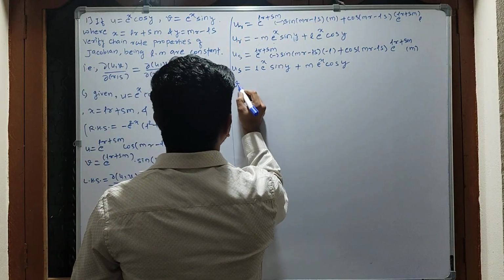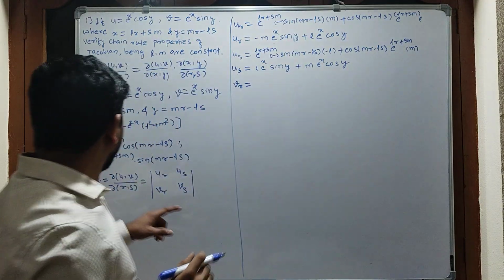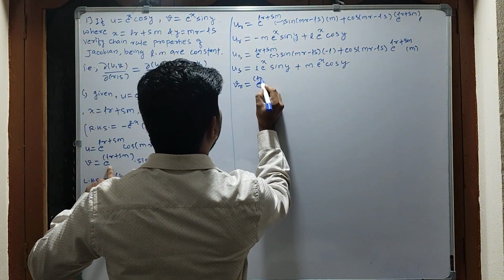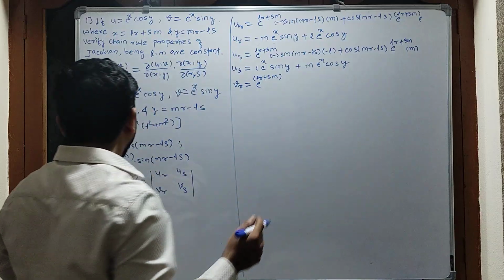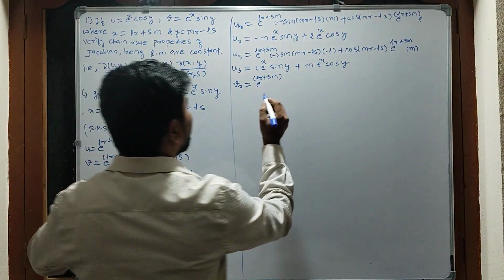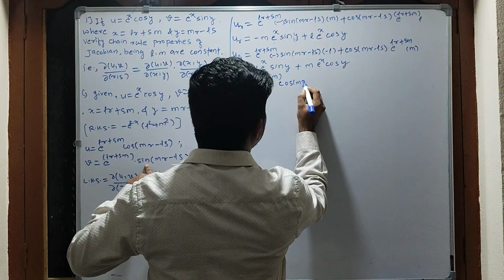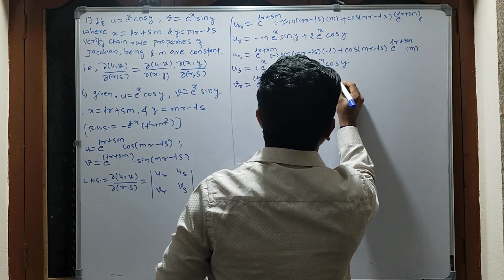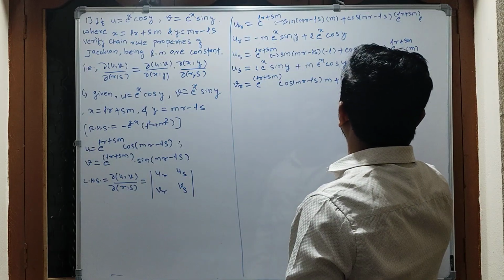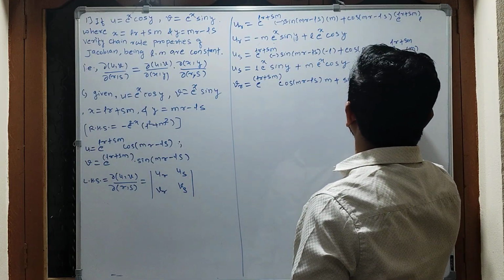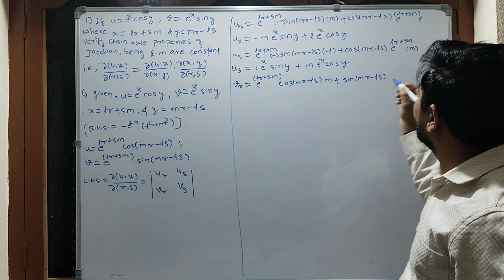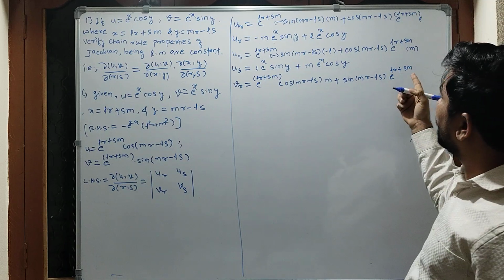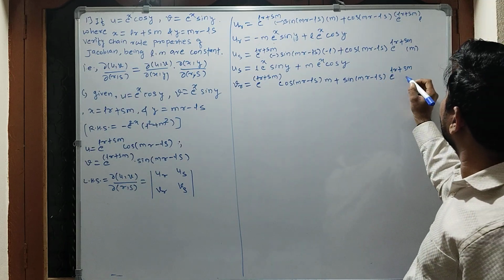So the partial derivative of v with respect to r, where is my v? Here first as it is, e to the power l r plus s m, into the derivative of sine, which is cos. So cos of (m r minus l s) into the derivative of the angle with respect to r, which is simply m, plus second as it is, that is sine of (m r minus l s) as it is, into the derivative of first, e to the power l r plus s m, into the derivative of the exponent with respect to r, which is simply l.